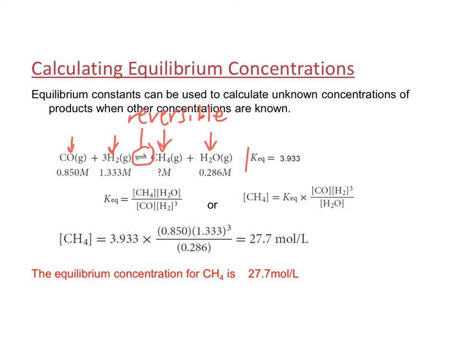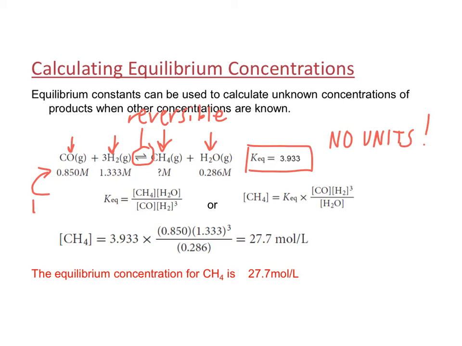They tell us that this equilibrium constant has been measured to be 3.933. Remember, equilibrium constants have no units, so don't worry about units. And then in this problem, they give us these equilibrium concentrations.